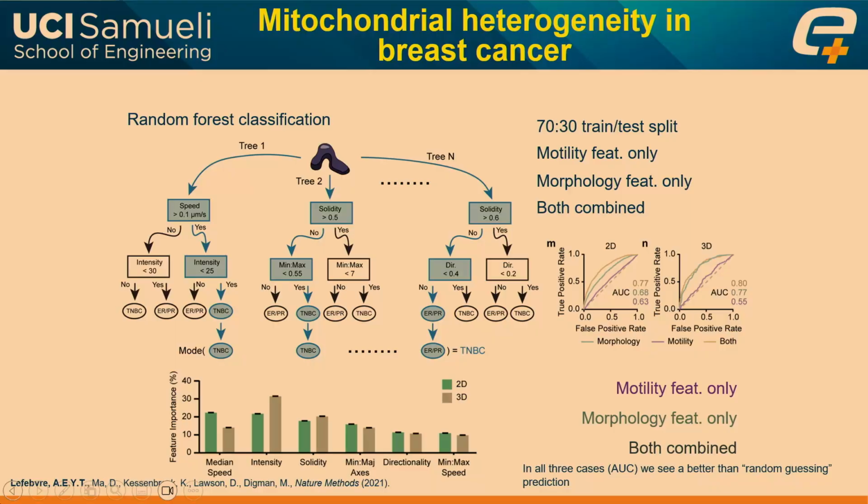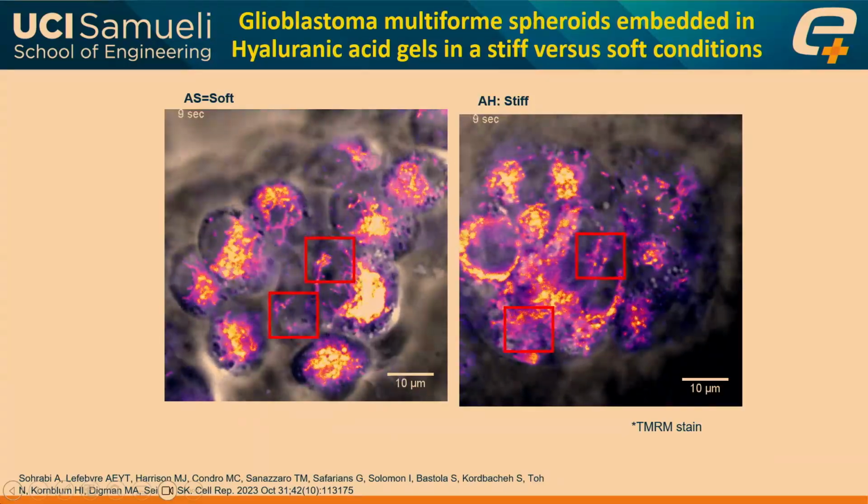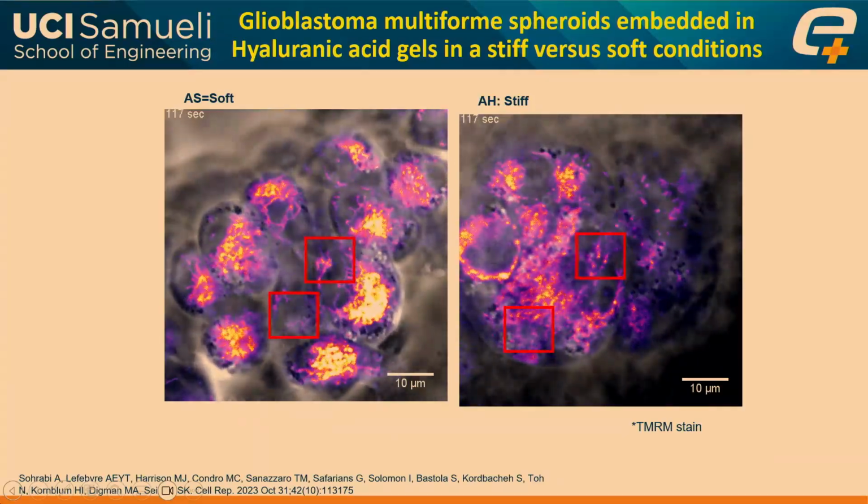And you could see that in all 3 cases, for the motility features, morphology, or whether they combine, we see better than random guessing predictions. So it's a very good tool to look at maybe cancer cells as they're being treated with chemotherapy drugs.